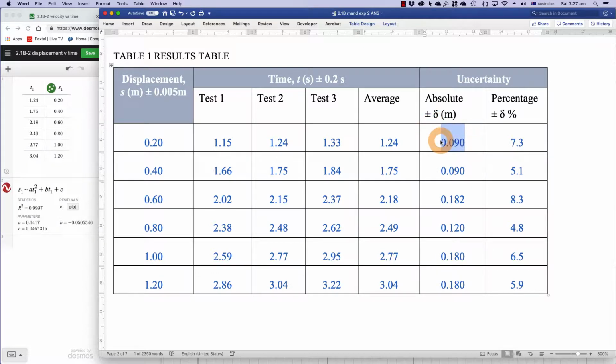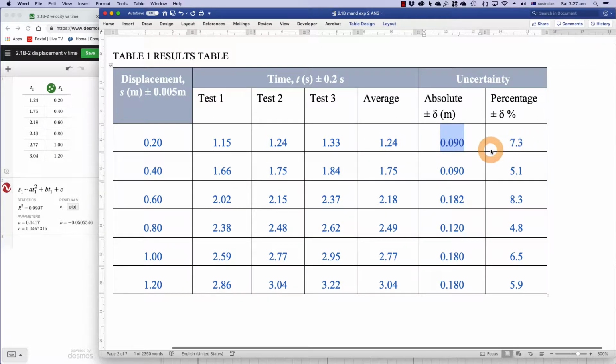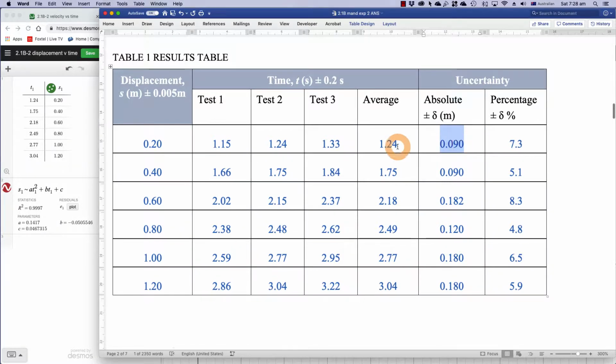You can see this is plus or minus delta, and in order to find the percentage you simply take your absolute error in your time, because this value is in seconds, and you add and subtract it to this average. So the percentage is 7.3%, which is 0.090 divided by 1.24 times 100.